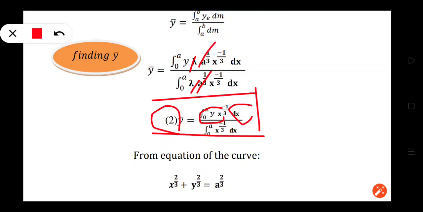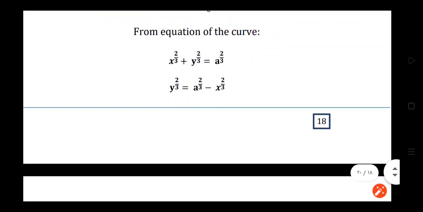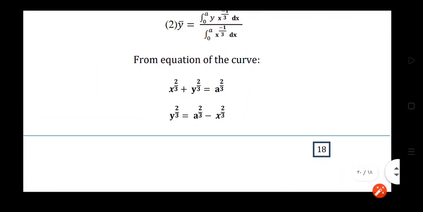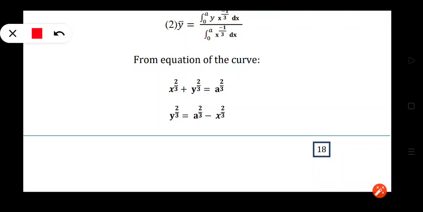We should find the value of y in terms of x by using the astroid curve equation. To find y, we put x on the other side, then y power 2 over 3 equals a to the power 2 over 3 minus x to the power 2 over 3.